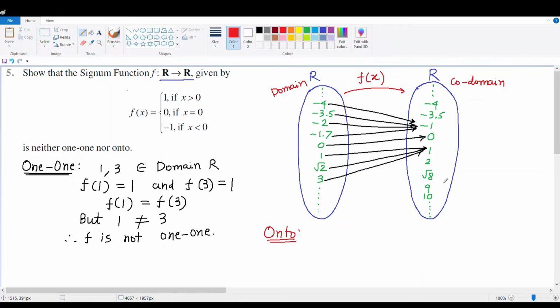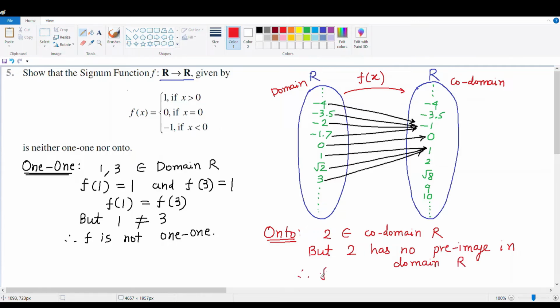So we are going to say: 2 belongs to codomain R, but 2 has no pre-image in domain R, therefore f is not onto, right?